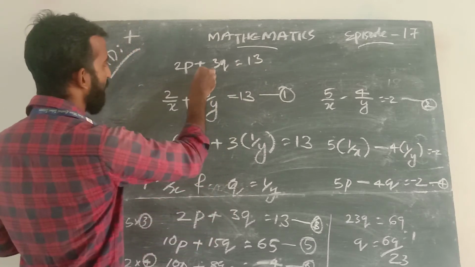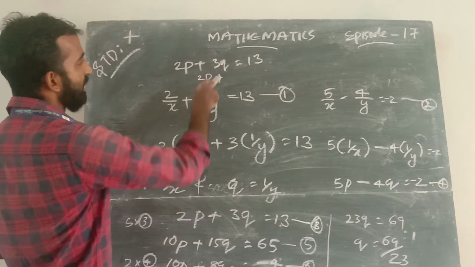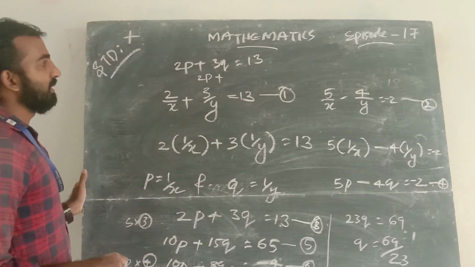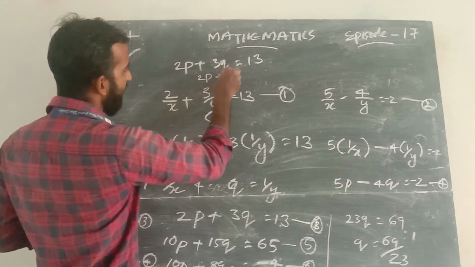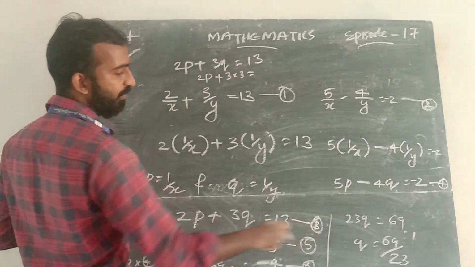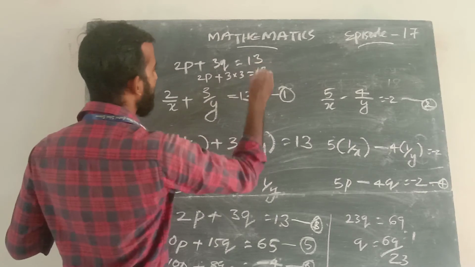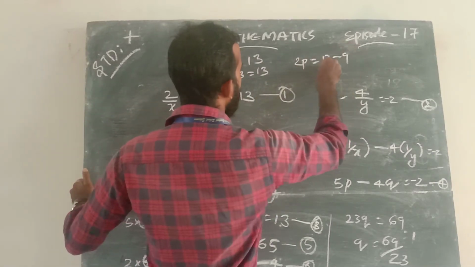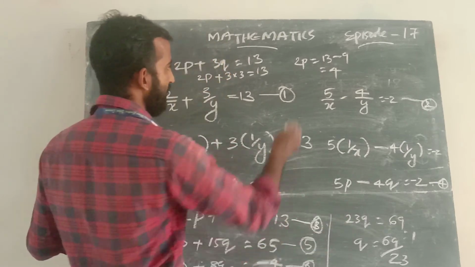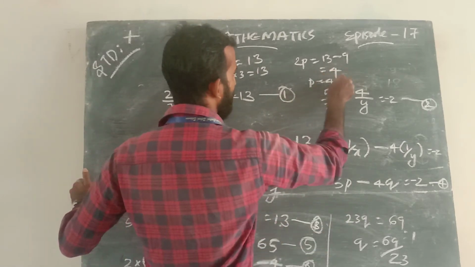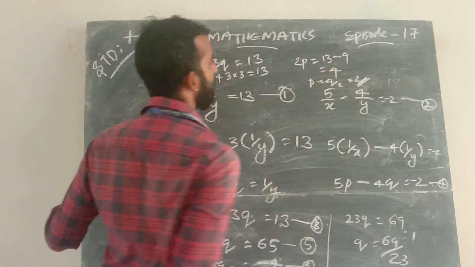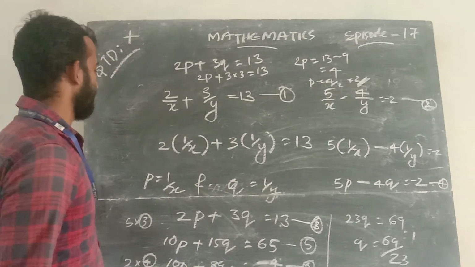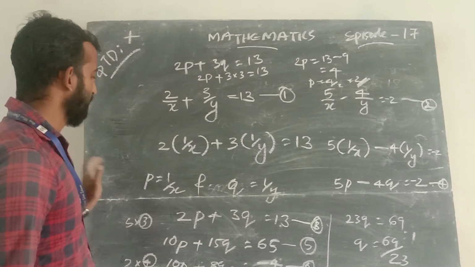That is 2p plus 3 into 3, since the value of q is 3, equal to 30. That is 2p equal to 30 minus 9. We get 2p equal to 4, so p equal to 4 by 2. The answer is 2.